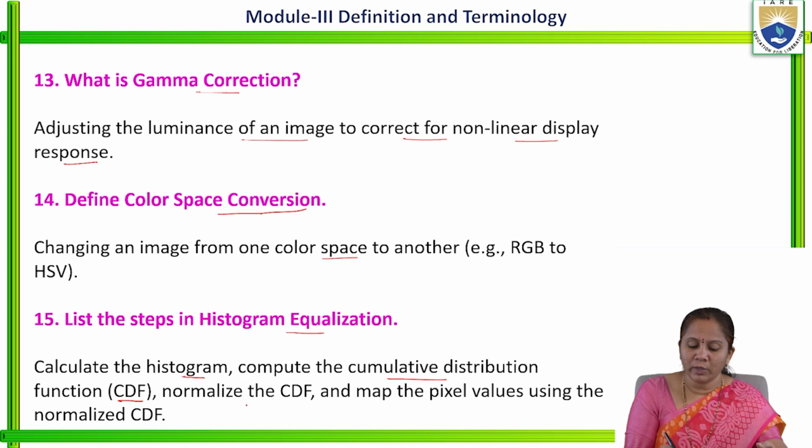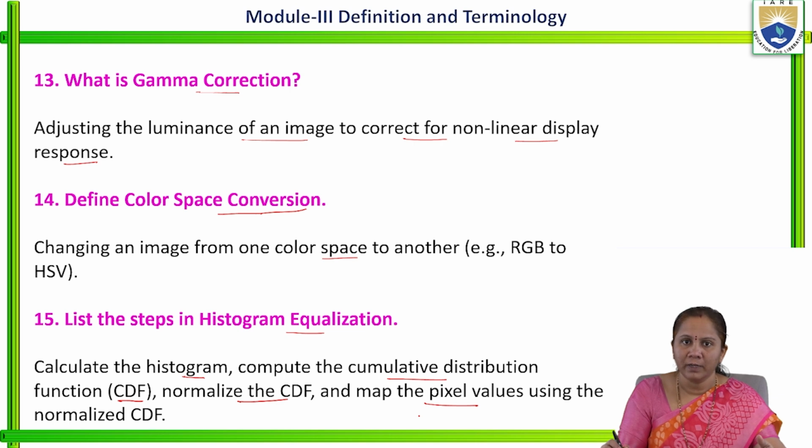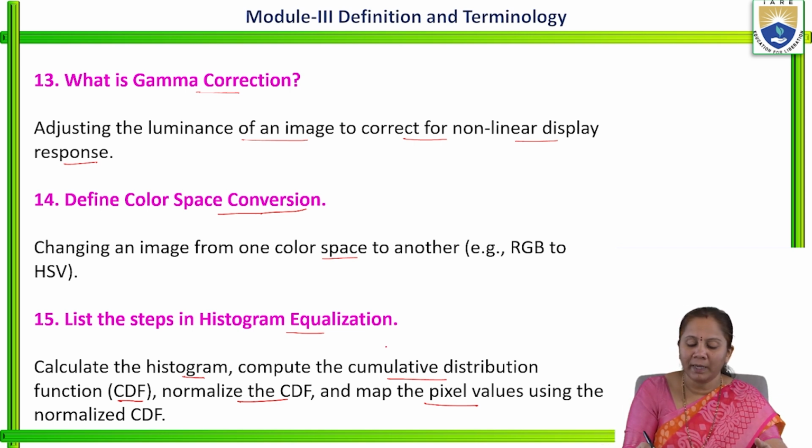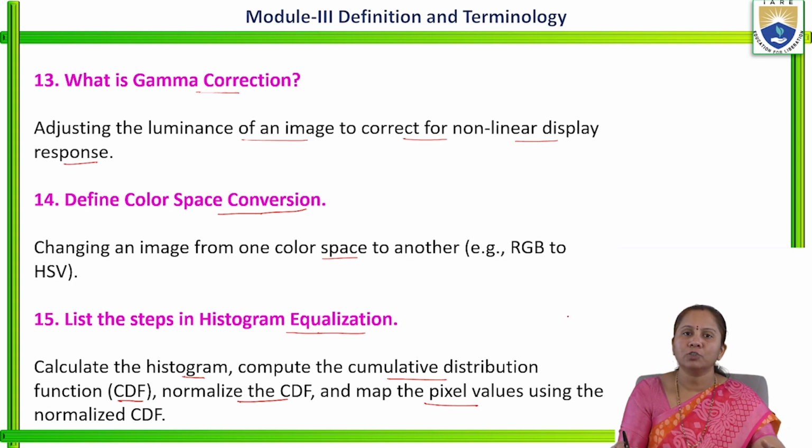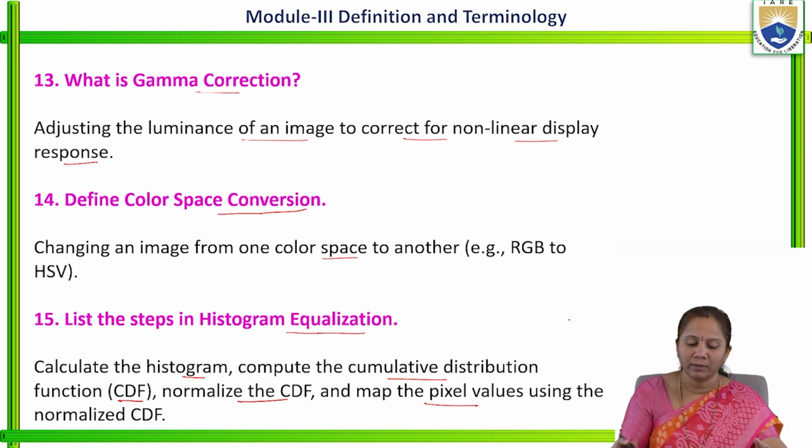For that we are going to do the normalization of the cumulative distribution function. Next we are going to map the pixel values using the normalized CDF. So these are the different steps we apply to perform histogram equalization.